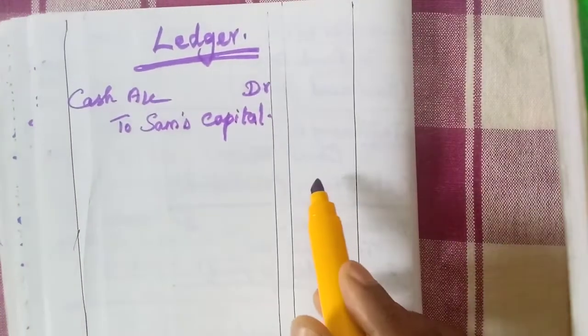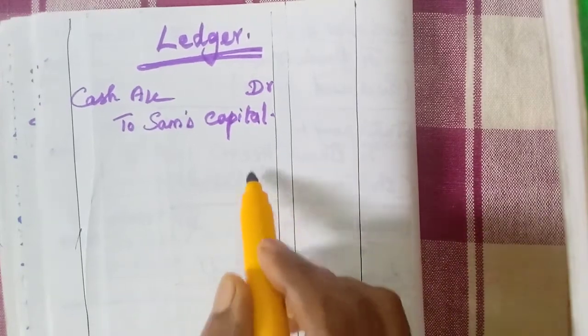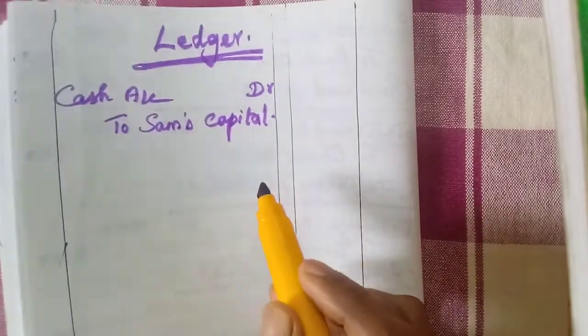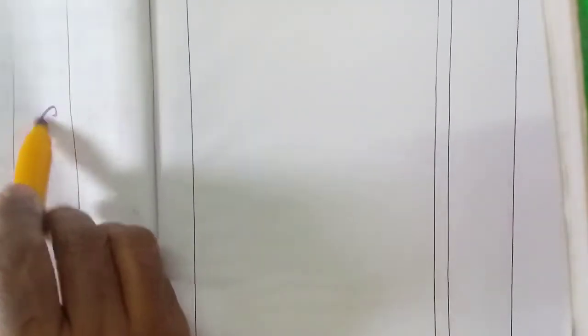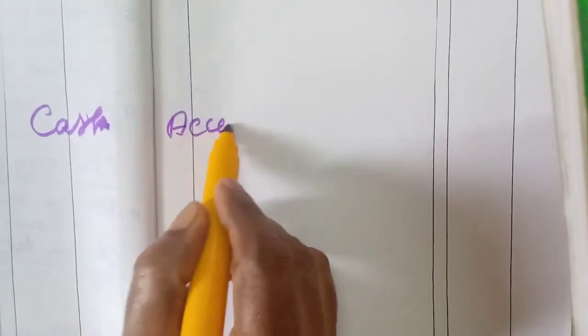Now we will write in the account form. We have to use 2 pages, both the pages for the account. Cash account.